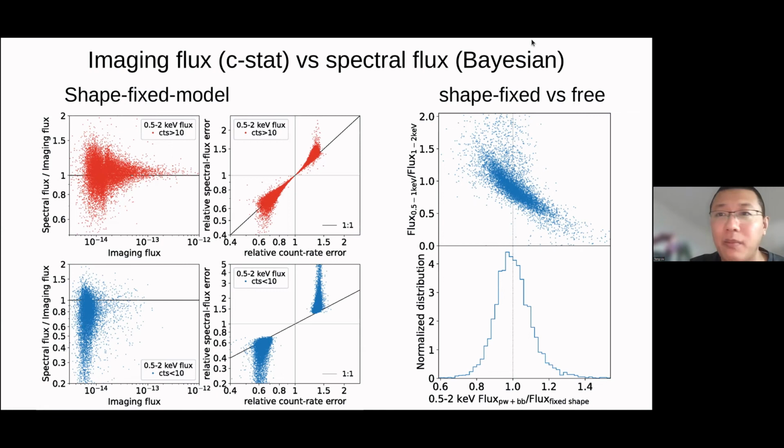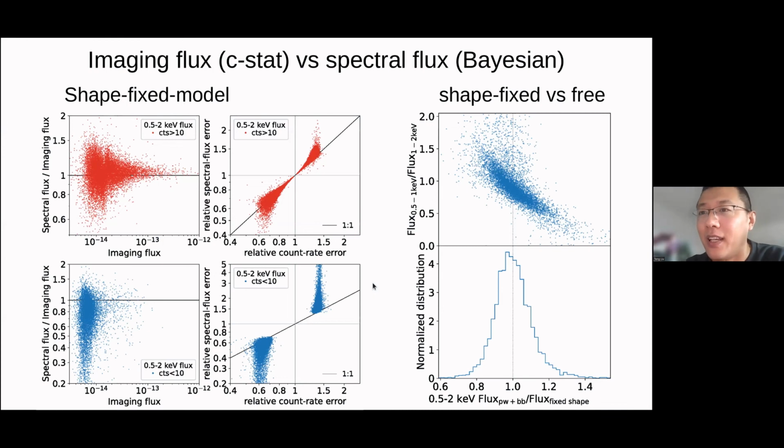But with the Bayesian method, it is allowed to go deeper, to go lower. Also in the case of the error bars, this is the upper error bar and lower error bar. The error bar measured through the C statistic likely pegs at some value, and using the Bayesian method, it is allowed to go much larger.